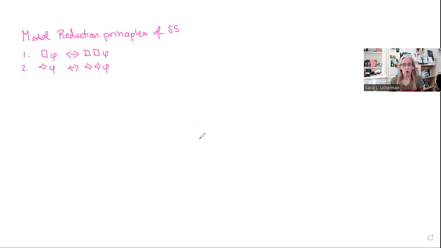Now, our initial axiom that we investigated adding to system T in order to get S5 was this E axiom. You'll recall it says that if P is possible, then it is necessarily possible. With this axiom and a bunch of the other theorems that we have from S4, we can get two more modal reduction principles.